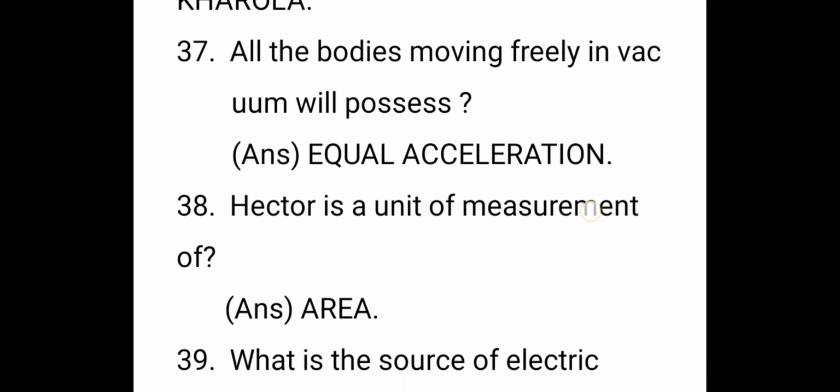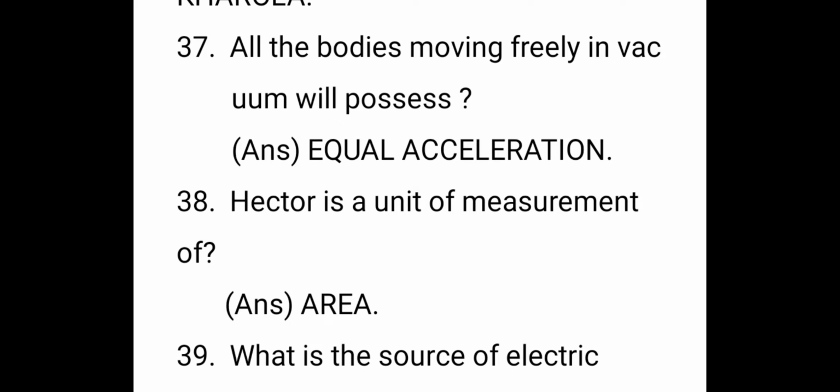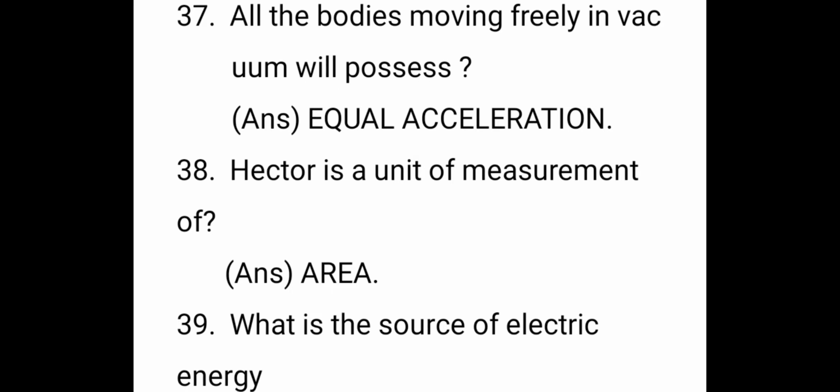All bodies moving freely in a vacuum move with equal acceleration. The motion of any moving object is given by Newton's second law of motion, F equals ma. For a freely falling body, gravity is the only force acting upon it.